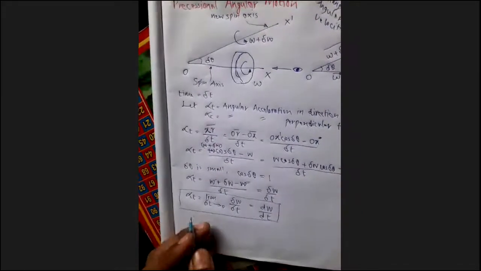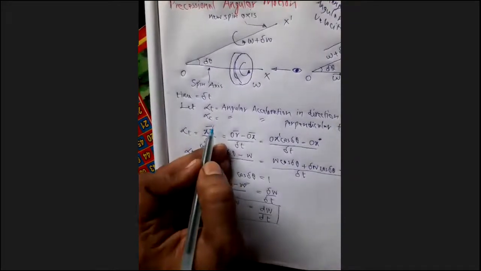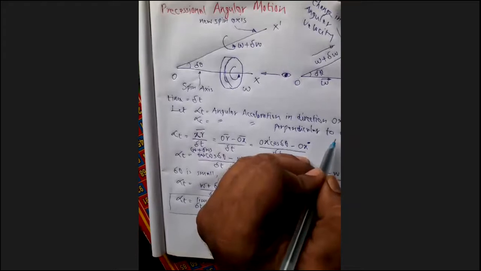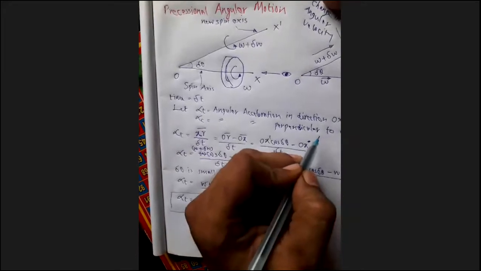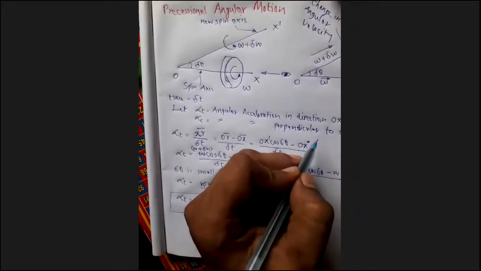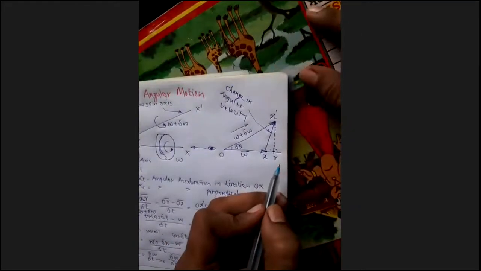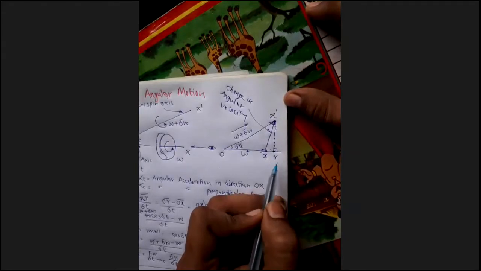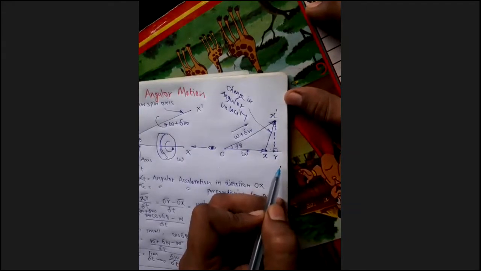Now we have to find the expression for alpha c. Alpha c is the angular acceleration perpendicular to OX. Angular acceleration is again change in velocity divided by time. Now from this diagram, tell me which vector is representing the change in velocity perpendicular to OX.